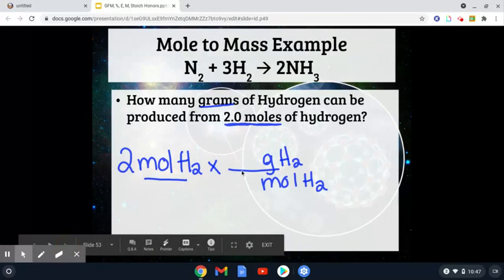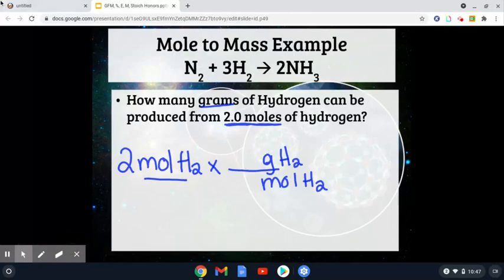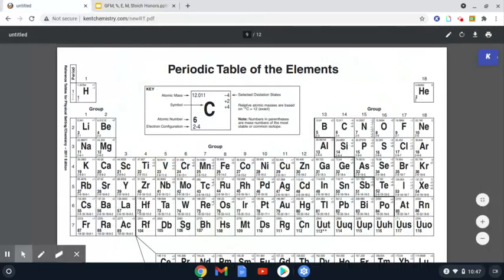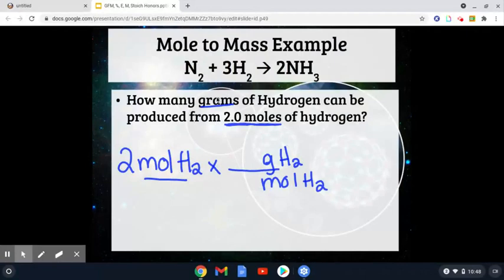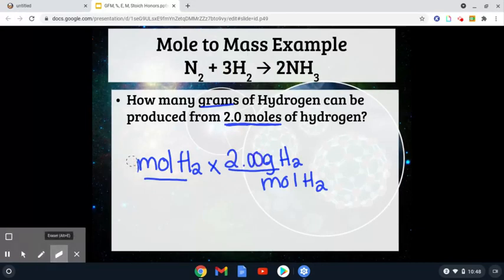And we get this right from the reference table. So to find the gram formula mass of hydrogen, you would look, hydrogen has a mass of 1. There's 2 of them. So the gram formula mass is going to be 2.00. I actually want to include the 0 over here because we are going to sig fig this final answer.